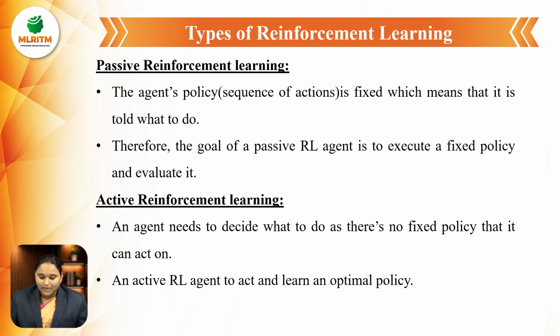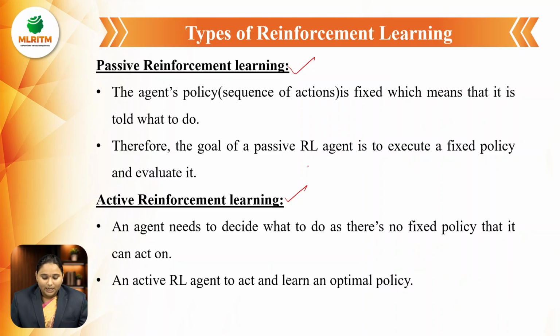Next, the types of reinforcement learning are passive reinforcement learning and active reinforcement learning. In passive reinforcement learning, the agent's policy is fixed, which means that it is told what to do. Therefore, the goal of a passive RL agent is to execute a fixed policy and evaluate it.